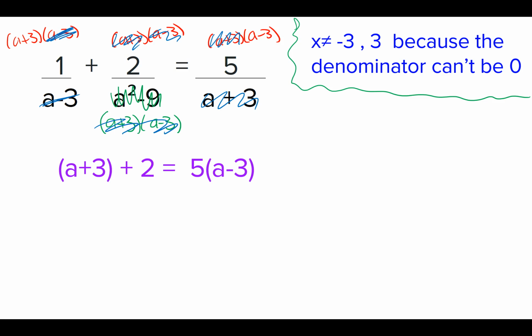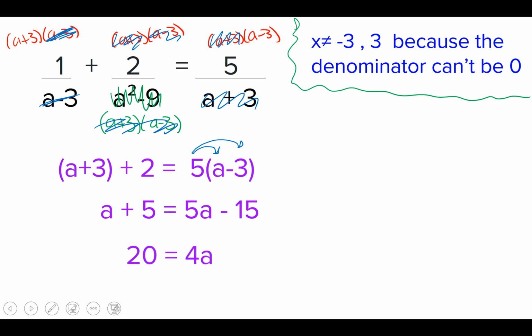Numerators are left over. Combine like terms, so on the left side, we're going to do the 3 plus 2. On the right side, we're going to distribute the 5 to a and negative 3. If I were you, I would subtract a, but then also add 15 over. So you get 20 equals 4a.